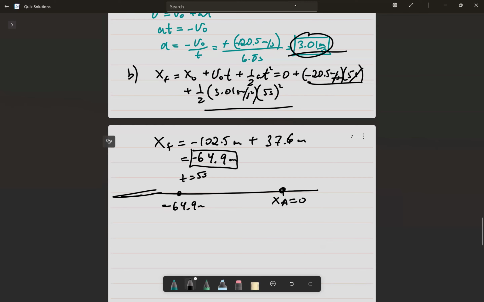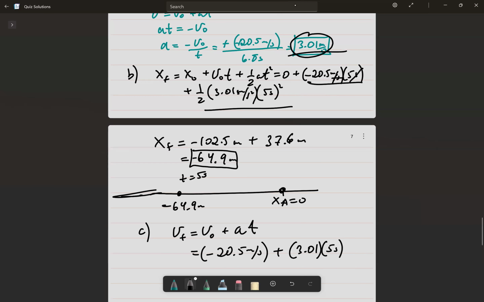Now, let's calculate the speed for part C. Again, this will be easy, because final velocity equals initial velocity plus a times t. In this case, we're using negative 20.5 meters per second, plus 3.01 times 5 seconds.